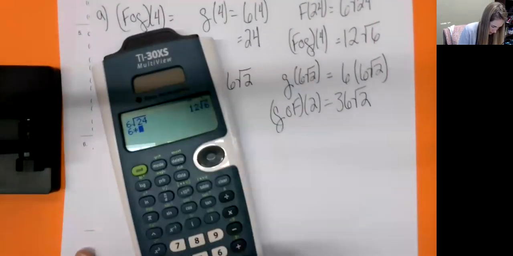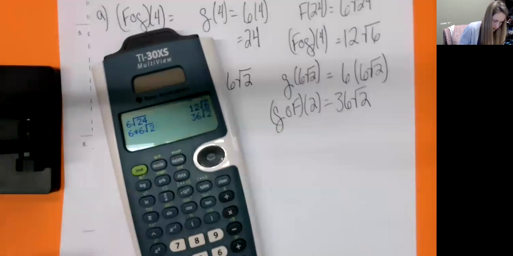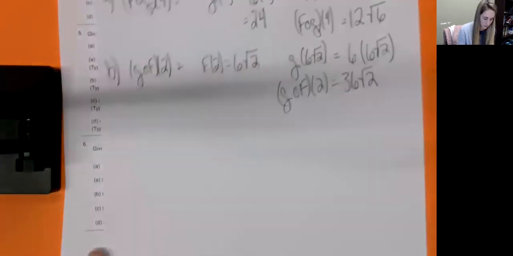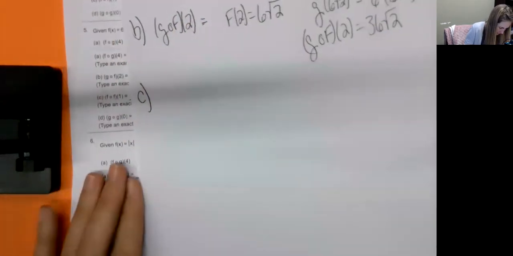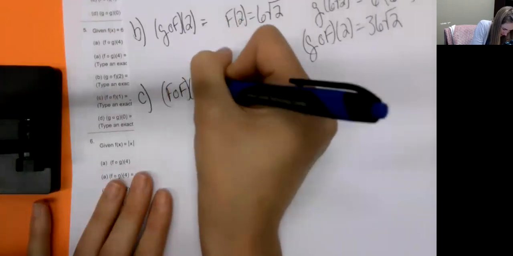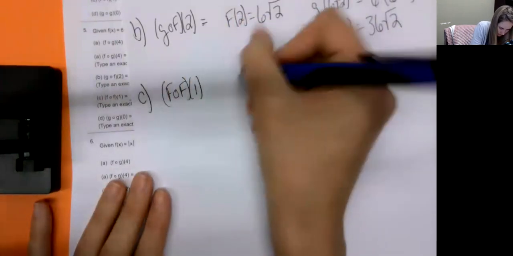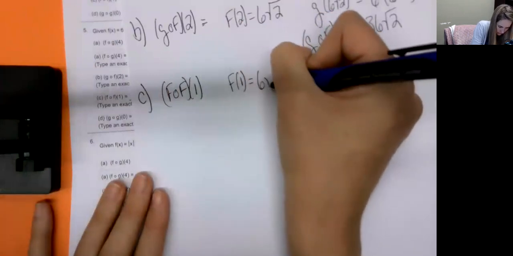I'll show you on this. So, going on to C. C is f of f of 1, so f of 1 equals 6 times the square root of 1.